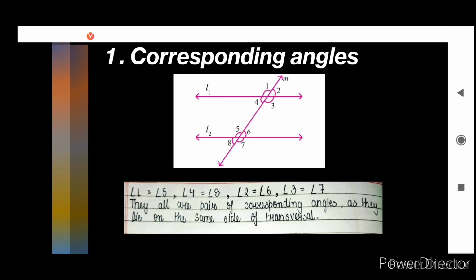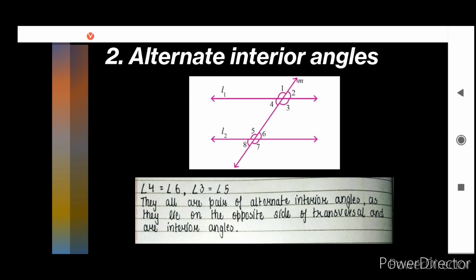So let's move to our next topic, that is alternate interior angles. As the name suggests, interior angles are formed inside the parallel lines, meaning in the interior of the parallel lines. So in this property of angles, what is there?